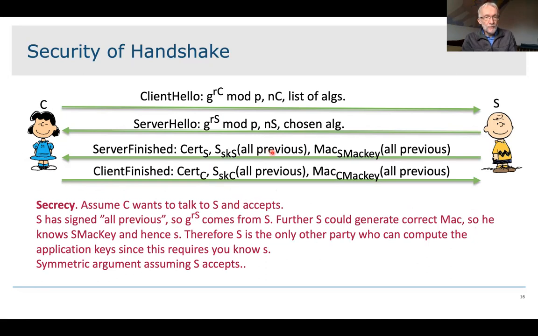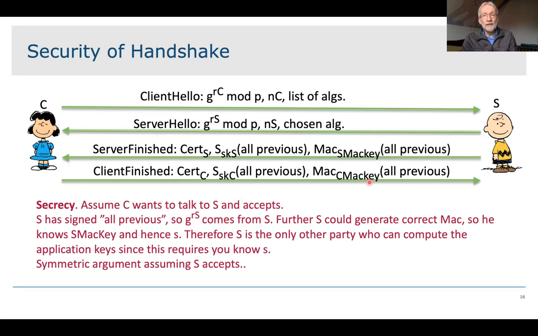So this means in particular that it has signed this particular server-side Diffie-Hellman message. And it must be the same one that he sent and that we receive here, because we know what we received, and it was the same thing that the server signed. So g to the RS actually comes from S.